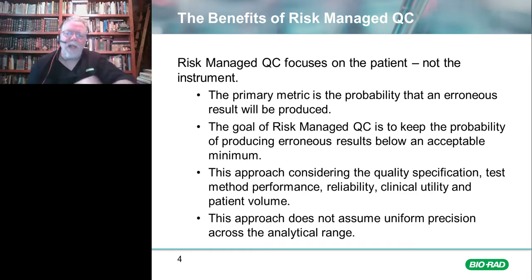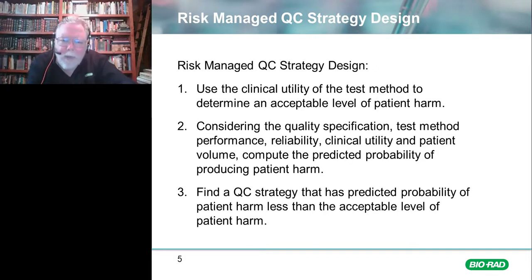Okay, well, what exactly do I mean by a risk-managed QC strategy design? Well, we start with trying to determine what's an acceptable level of patient harm. Now, at first blush, that may seem a little disconcerting. What do you mean we have an acceptable level of patient harm?